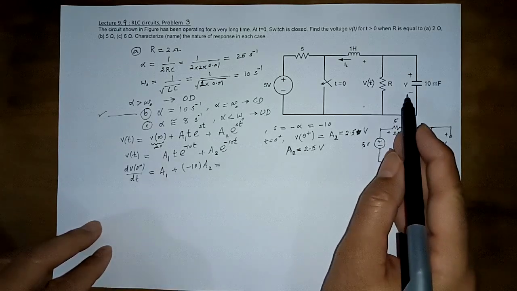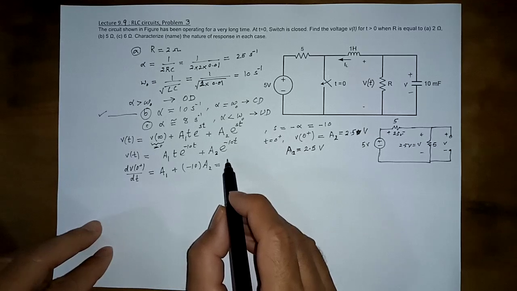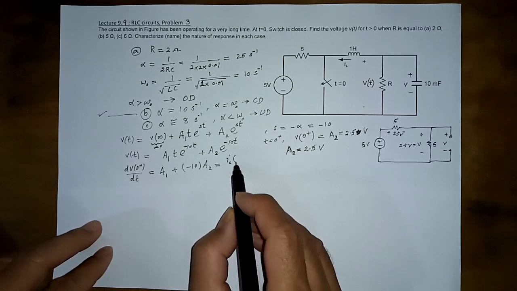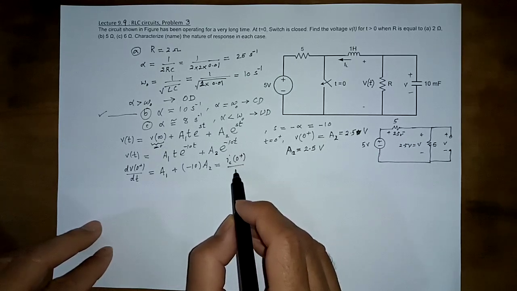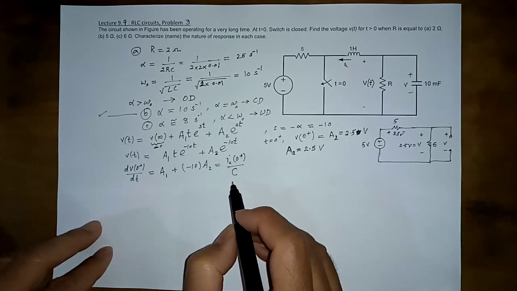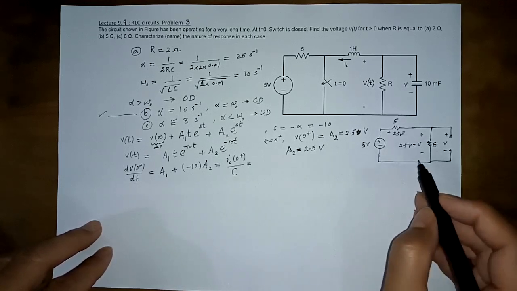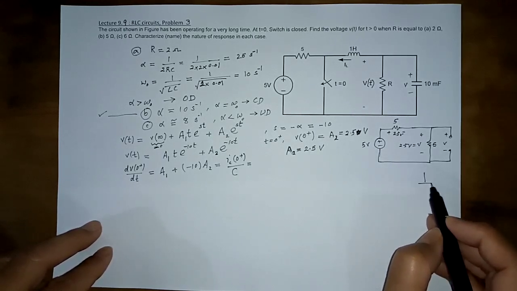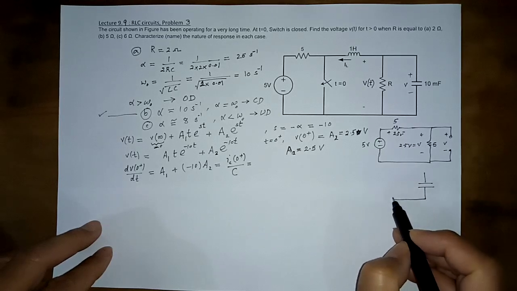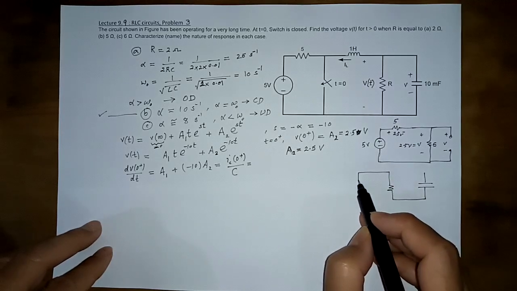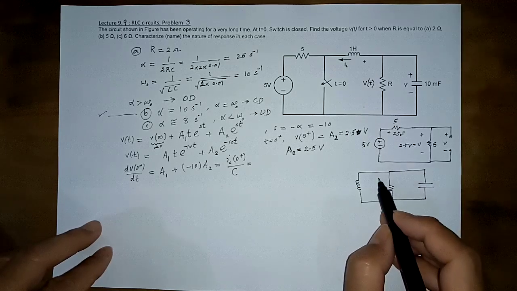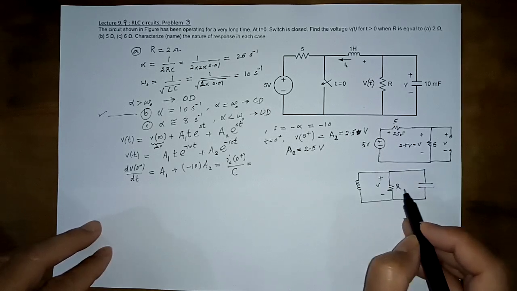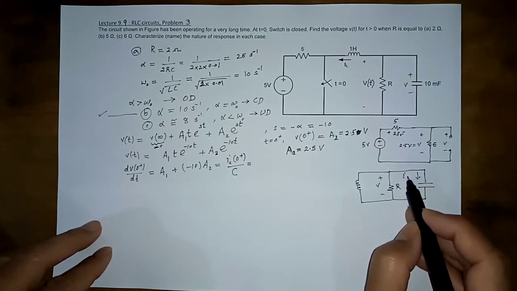And what is this thing? dV by dt for the case of a capacitor is equal to the capacitor current at 0 plus divided by the capacitance. And what is this thing? For this circuit, the capacitor, the resistor and the inductor are in parallel with this V and this IC.